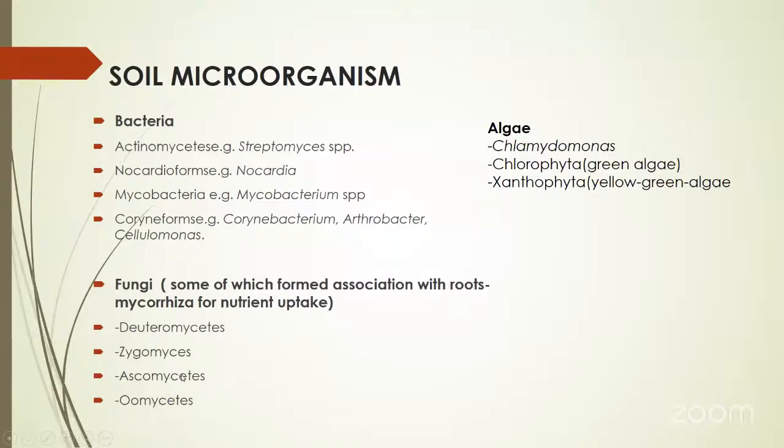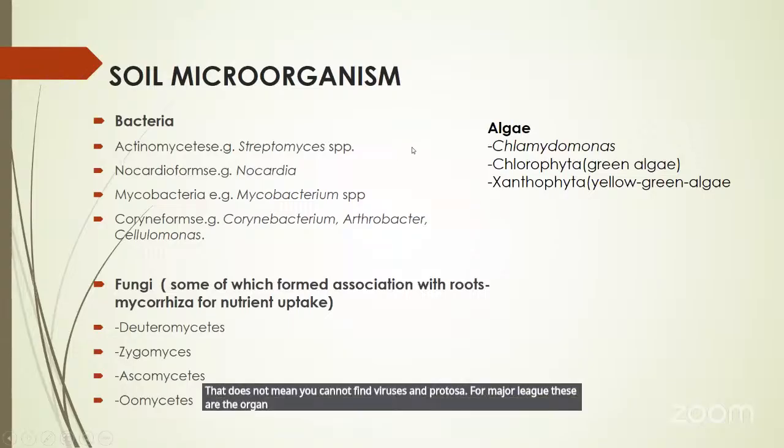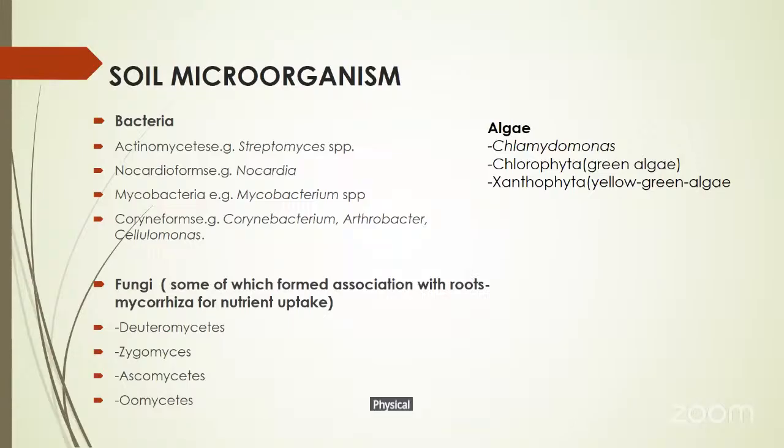Soil microorganisms. In the soil, you can find bacteria, fungi, and algae. That does not mean you cannot find viruses and protozoa, but majorly, these are the organisms in the soil. The organisms you will find in a particular environment are determined by the condition of that environment at that particular time, because organisms are sensitive to physicochemical conditions.